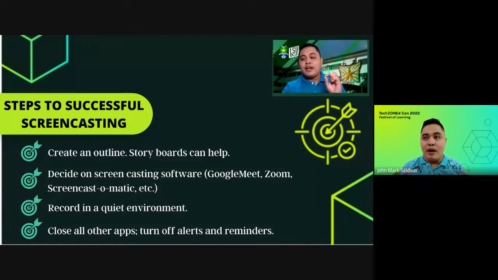Of course, we supplement with other materials also when we screencast. So our outline should be clear, and then we have a storyboard so that when we record ourselves, it will be done smoothly, with no pauses and no interference during the recording of the video.